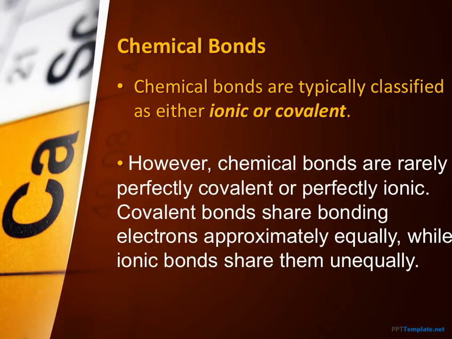Chemical bonds are usually classified as either ionic bonds or covalent bonds. That is overly simplistic, because it's more like a continuum where you have covalent bonding characteristics on one end, and ionic bonding characteristics on the other end, and each compound lies somewhere along this continuum.